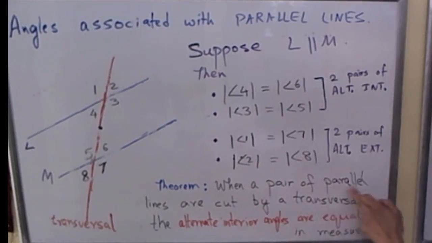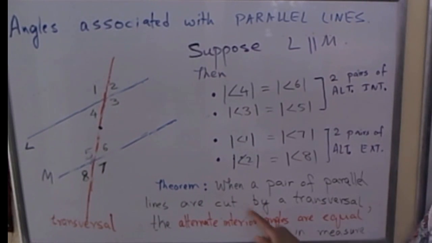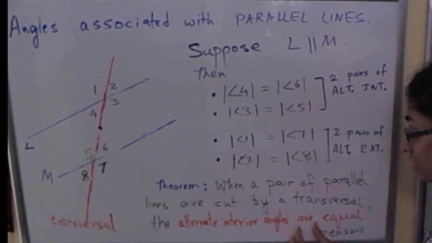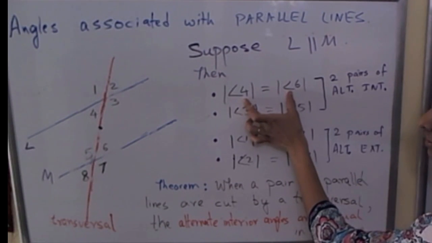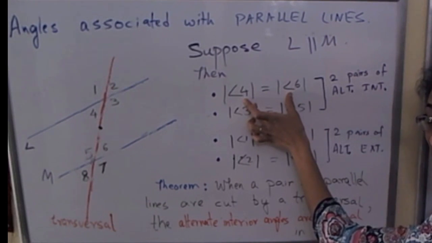So this is the theorem that we proved informally using the transparencies. When a pair of parallel lines are cut by a transversal, the alternate interior angles are equal in measure. So by saying the alternate interior angles, what I mean is the two angles that form a pair of alternate interior angles.